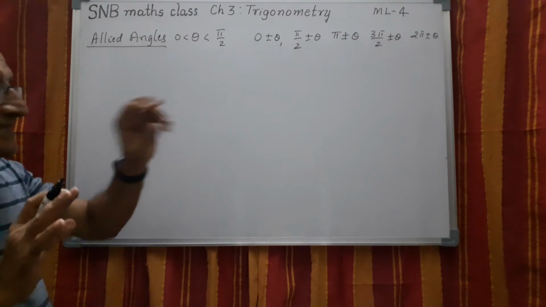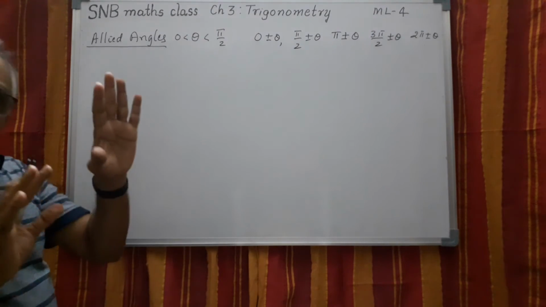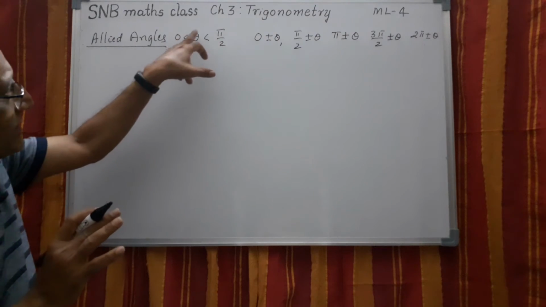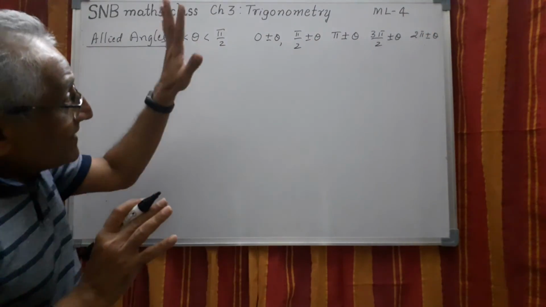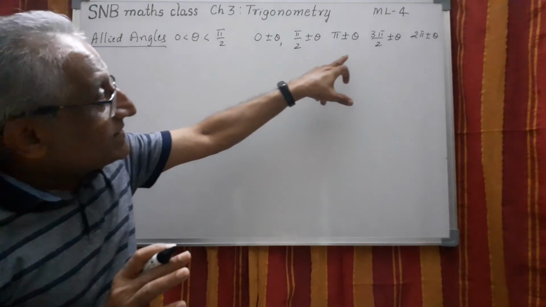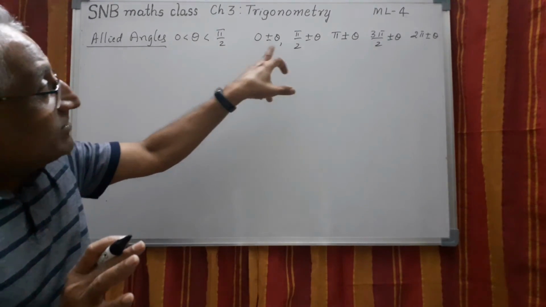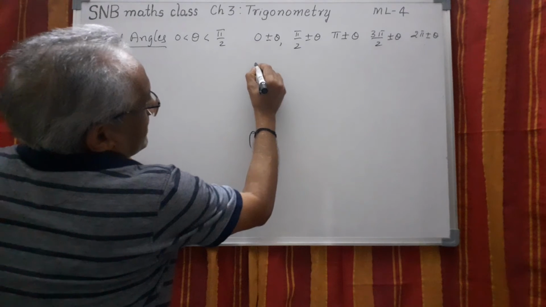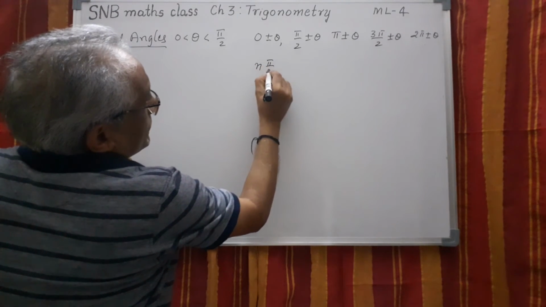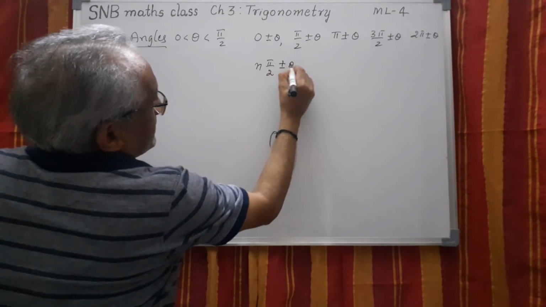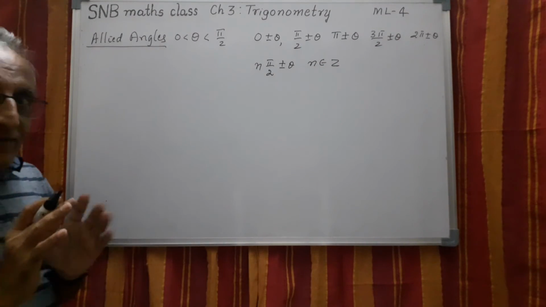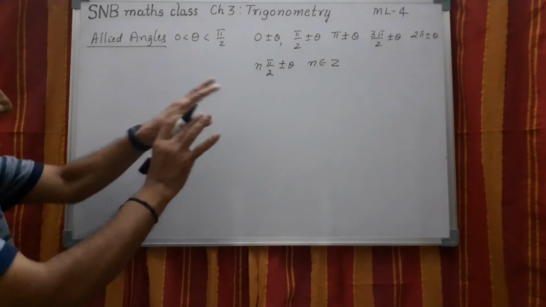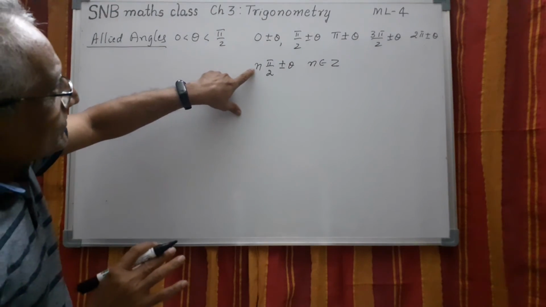Of course, the condition that theta is acute is not necessary, but if you assume it, it is easy to write. And in general, listen carefully, all these can be written as n pi by 2 plus or minus theta, n belonging to Z. Let me explain a little further. When n is 0, you get this.